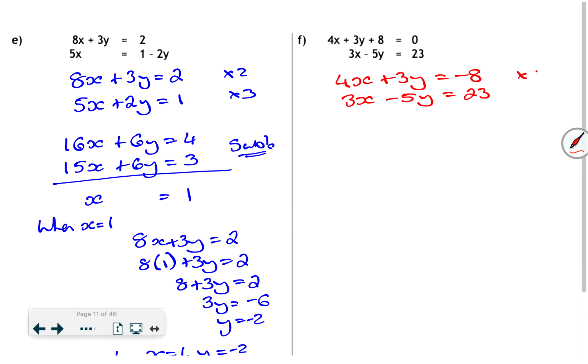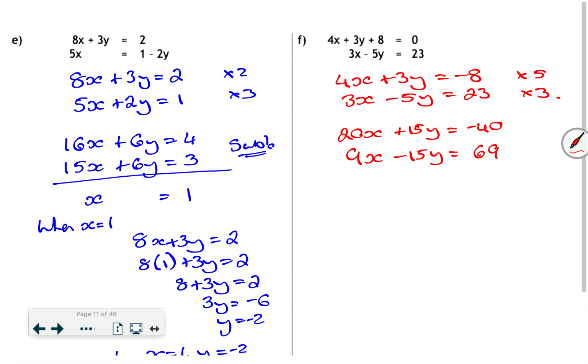So multiply the top by 5, multiply the bottom by 3. So that's going to give me 20x plus 15y is equal to minus 40. Then it's going to be 9x minus 15y is equal to 69.